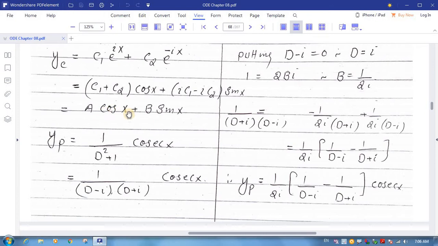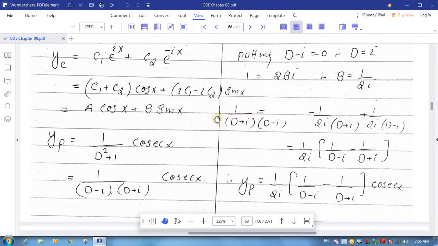Now from the above non-homogeneous equation we can write the particular solution, denoted by yp, equal to 1 over D square plus 1 cosecant x. Factorizing this denominator, this is the factorization, and this function will be as it is.